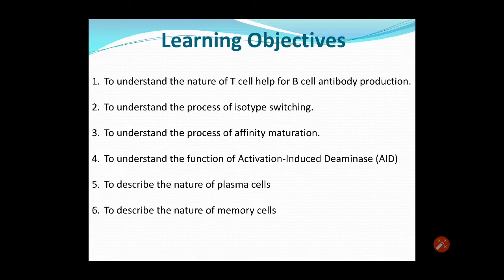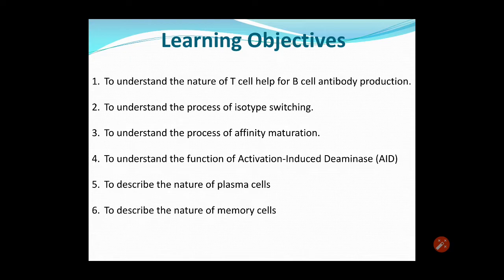How do T cells help B cells into making good quality antibodies, or the right isotype of antibody for that particular situation? And with this comes this process called affinity maturation, which you need to know about.